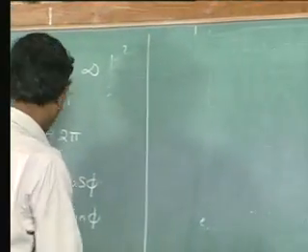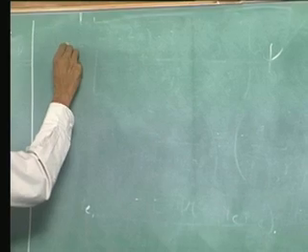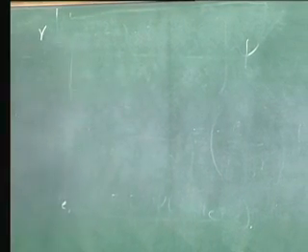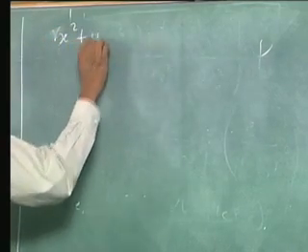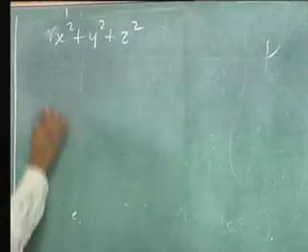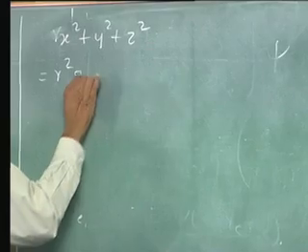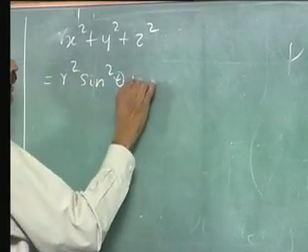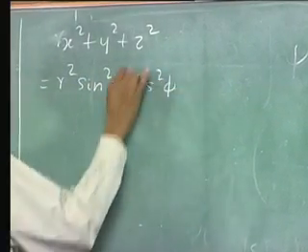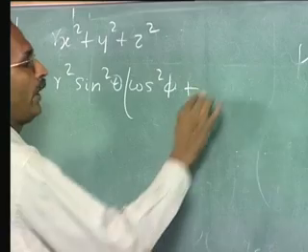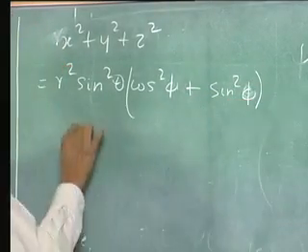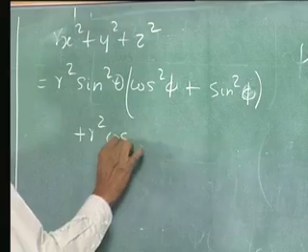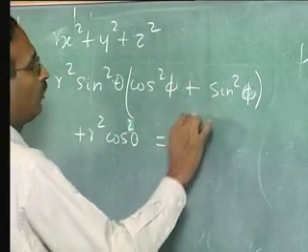Inverting this procedure, that is, if you want to express r in terms of x, y and z, you know that if you take x square plus y square plus z square, you are going to get r square sin square theta cos square phi plus r square sin square theta sin square phi plus r square cos square theta, which gives you r square.